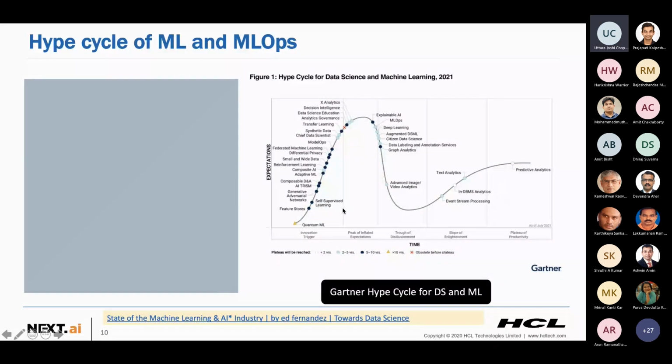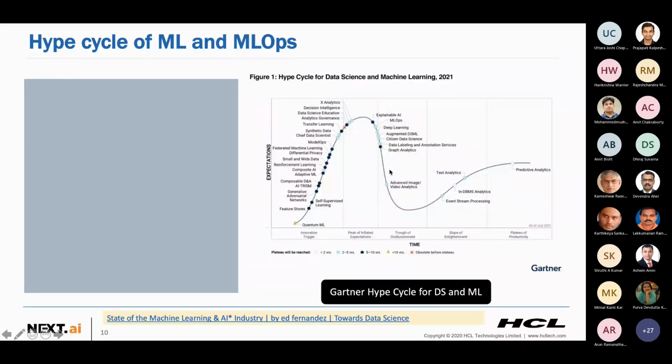What is the significance of the dip in the hype curve after MLOps? Usually, whatever expectations a particular technology has raised, it would peak at a particular point of time.